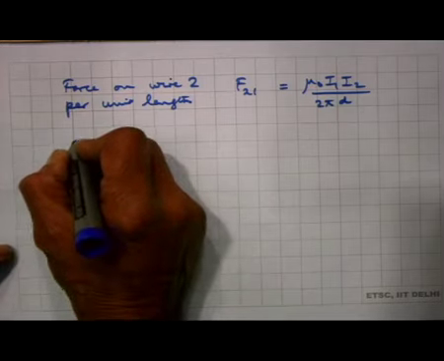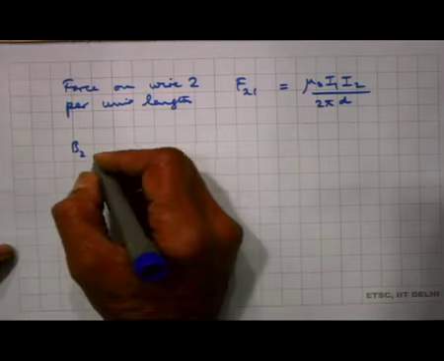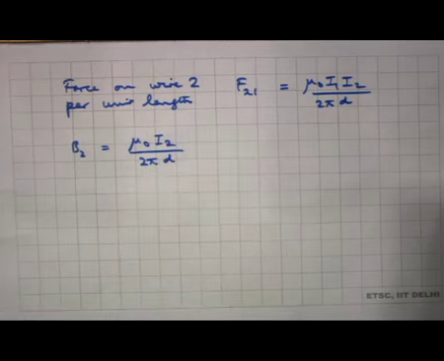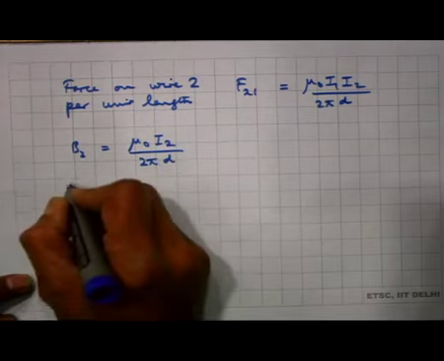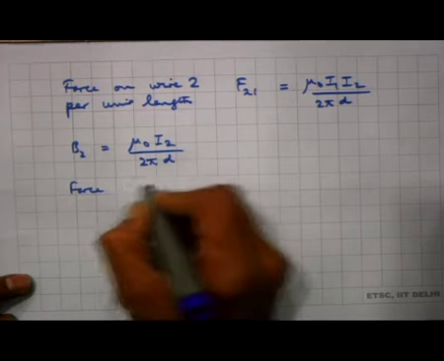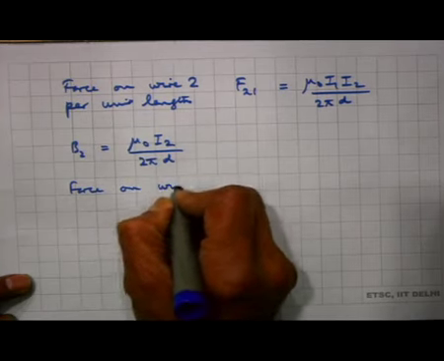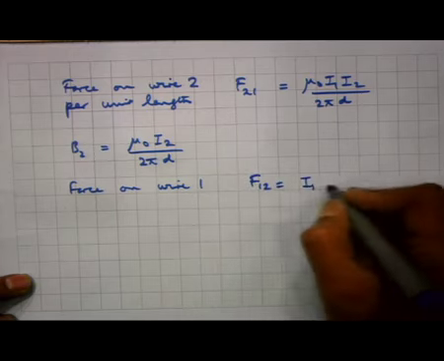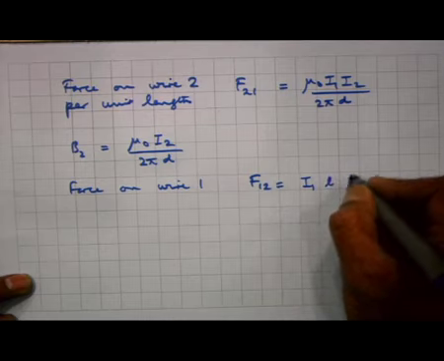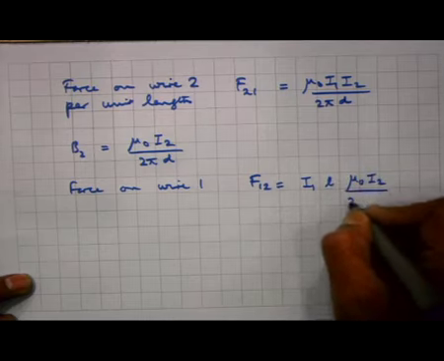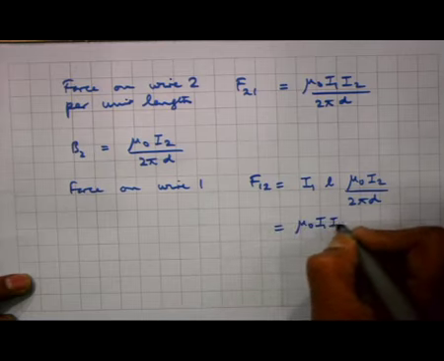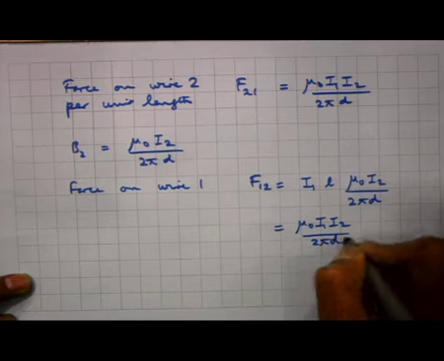So, B2, which is the magnetic field produced by wire 2 at the position of wire 1, is equal to mu naught I2 by 2 pi d, and the force on wire 1 will be F12, which is equal to current times length times magnetic field, which is mu naught I1 I2 by 2 pi d times length.